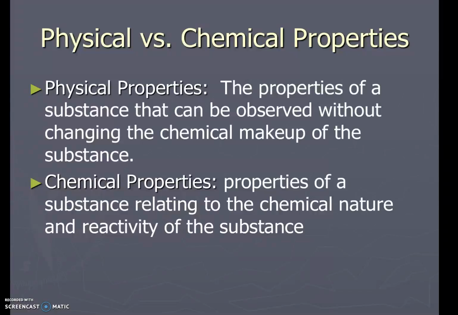This would be things such as color, luster, streak, and hardness. The chemical properties of a mineral relate to the chemical nature and reactivity of the substance. To test chemical properties, you often need to change the chemical makeup of the mineral. So we're going to talk about examples of both of these properties today.